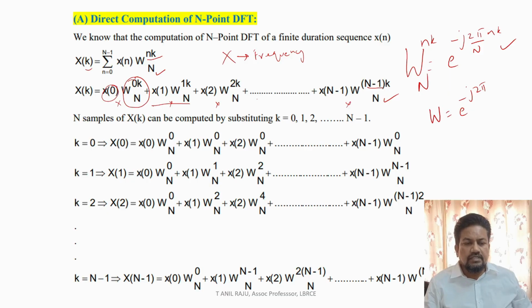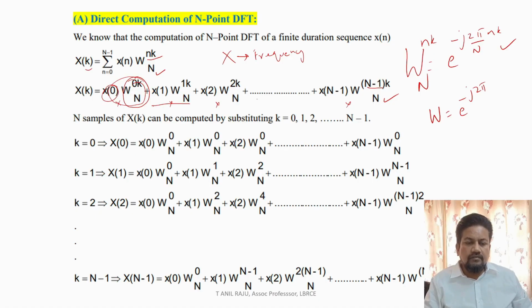And how many additions are there? After multiplying, we get a complex value that will be added to the second term, and that will be added to the third term, like that. We are going to have n from 0 to N minus 1 terms. So from this we can see how many multiplications and how many additions there are.